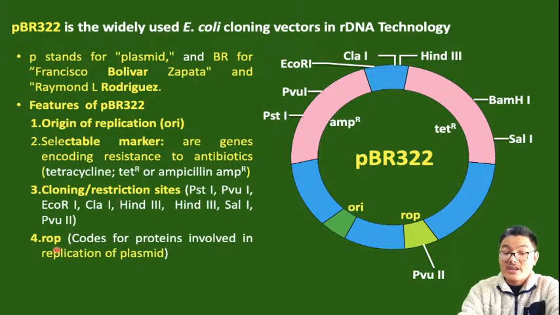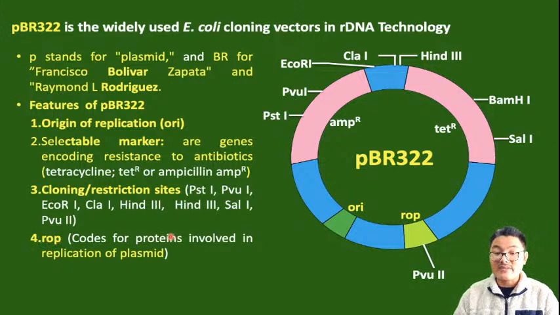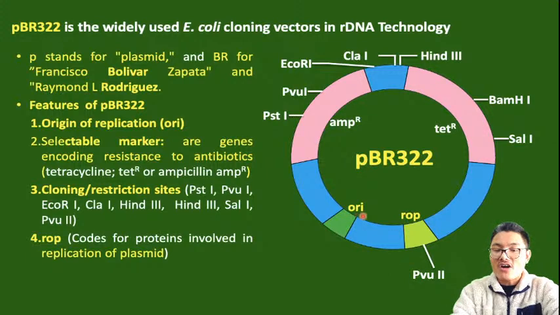ROP refers to repressor of primer, a gene coding for a protein that plays an important role in the replication of this plasmid, in addition to the ori site where there is the origin of replication. These are the different genes or segments of the DNA constructed by Bolivar and Rodriguez, and the synthetic plasmid vector that we have here is pBR322.